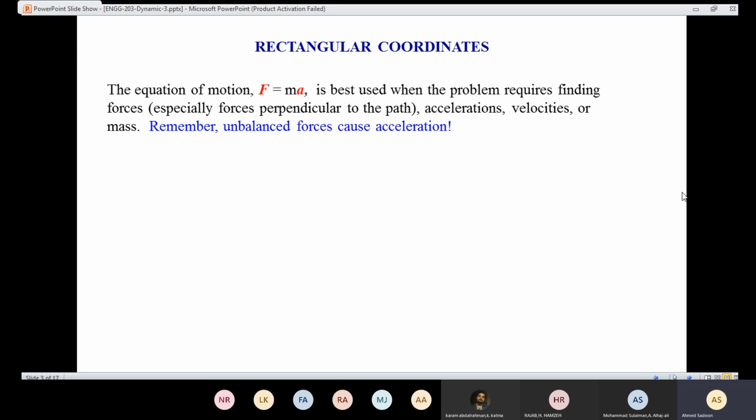When dealing with a problem like that, this equation is best to use when the problem requires finding forces, especially forces perpendicular to the path of the particle, and also to find the accelerations, velocities, or the mass. And you need to remember this: unbalanced forces cause acceleration. If the summation of the forces on the particle is in equilibrium, that means the acceleration is zero, like we learned from statics.